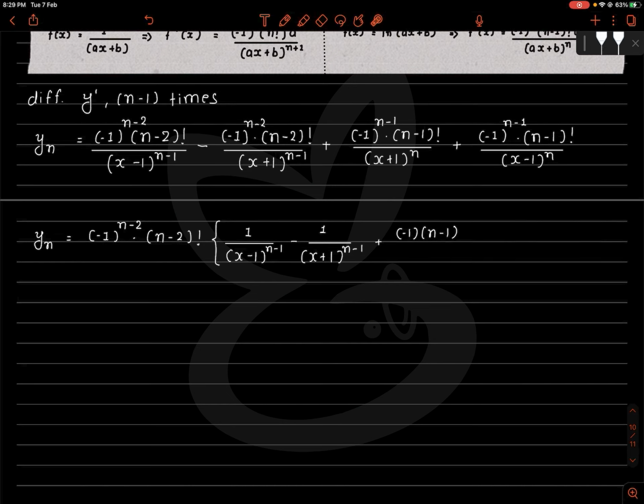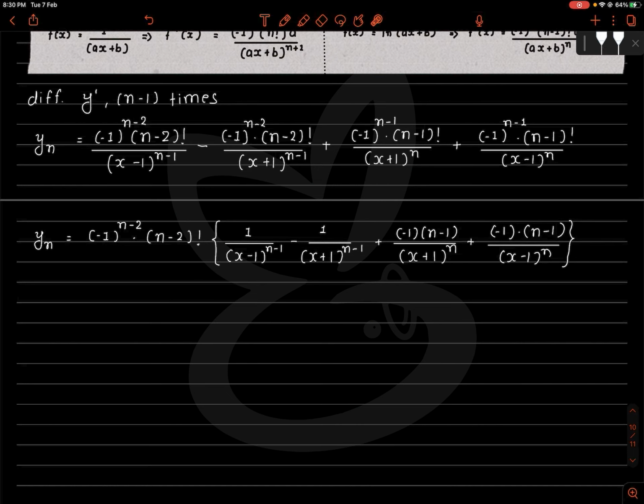As (n minus 2) factorial is taken, so n minus 1 is also remaining here, upon (x plus 1) raised to n, plus, the same way we have minus 1 into (n minus 1) upon (x minus 1) raised to n.